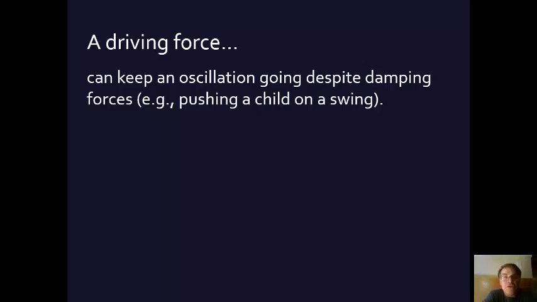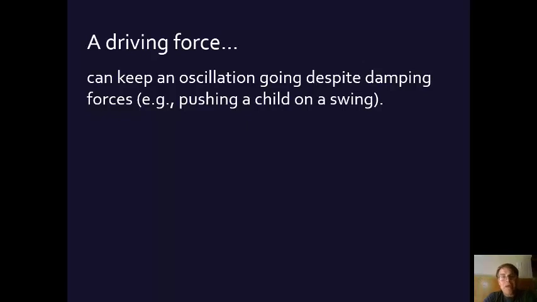Those are all external forces, driving forces that can keep an oscillation going despite damping forces, or it can amplify the amplitude as well, even when there's a low damping force. So one thing to remember is this idea of a driving force isn't just to overcome damping. It can increase amplitude even when there's little damping.